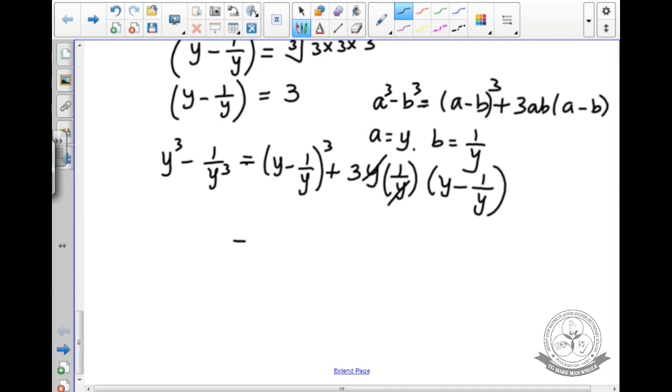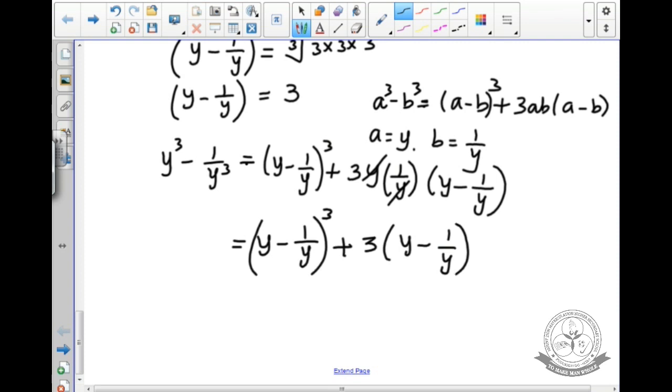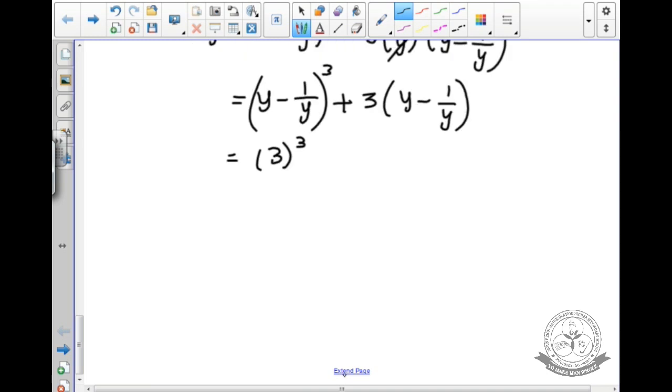So what do you get? y minus 1 by y whole cube plus 3 into y minus 1 by y. Already we found the value y minus 1 by y is equal to 3. Here you can apply this value. So what do you get? 3 cube plus 3 into, again you will get 3.